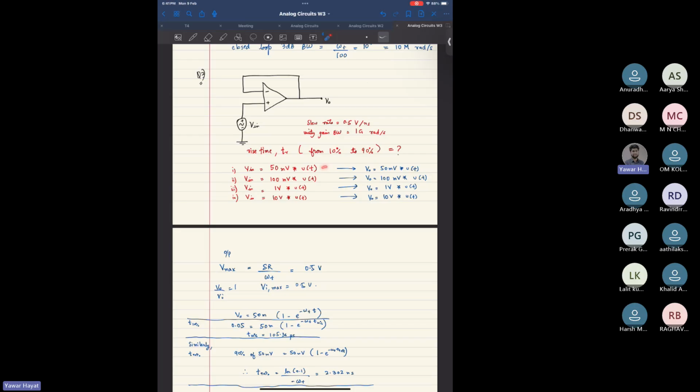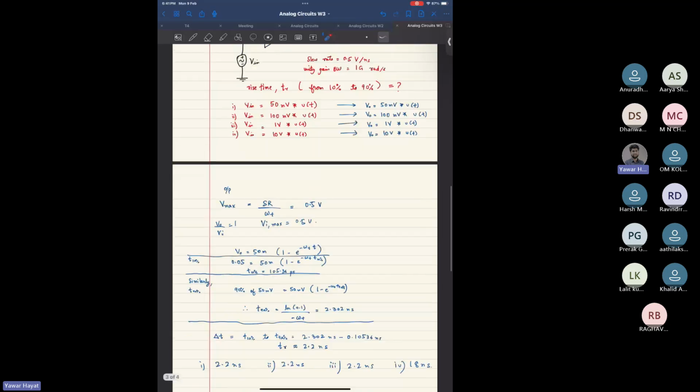In the first one, your V input is 50 millivolt u of t. Second one, it's 100 millivolt u of t. Third and fourth are 1 and 10 volts u of t. Okay, since this is a voltage follower, V output would be V input. So likewise, we'll have the same V outputs as V inputs, right?